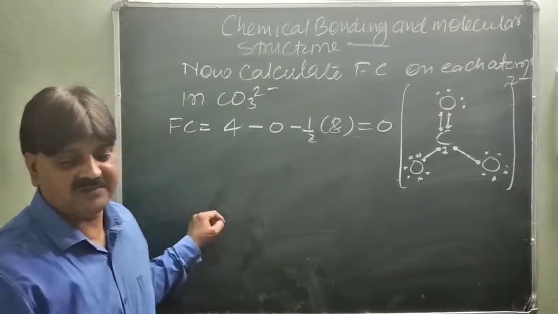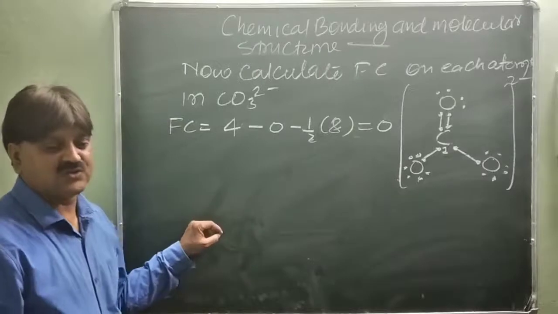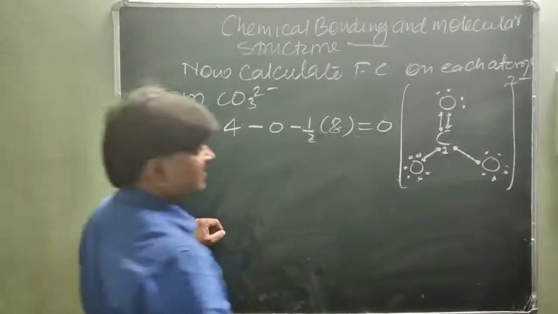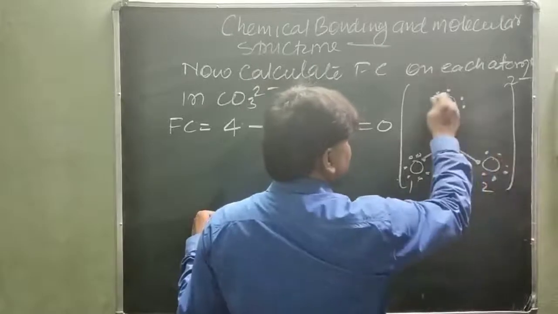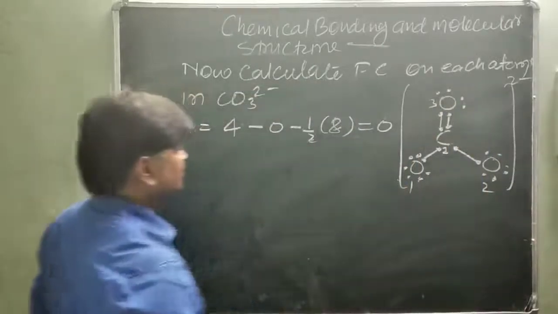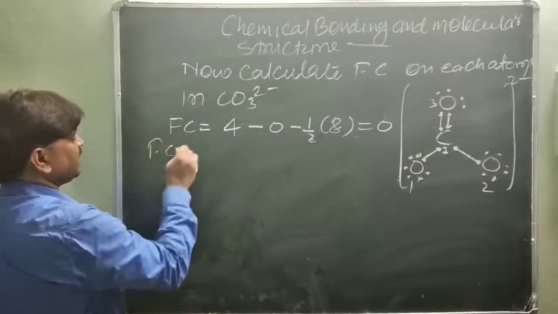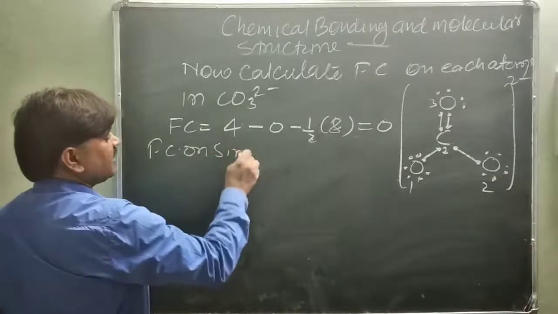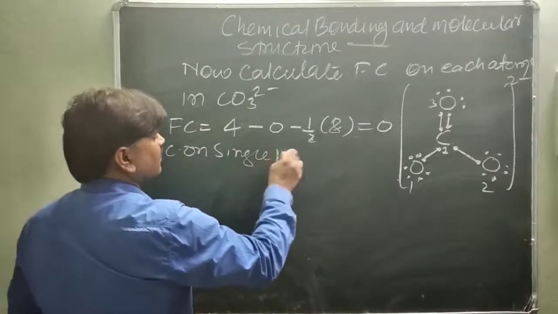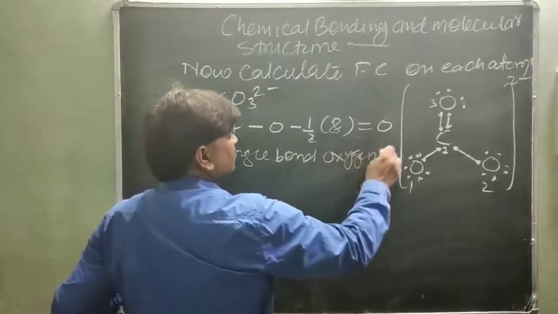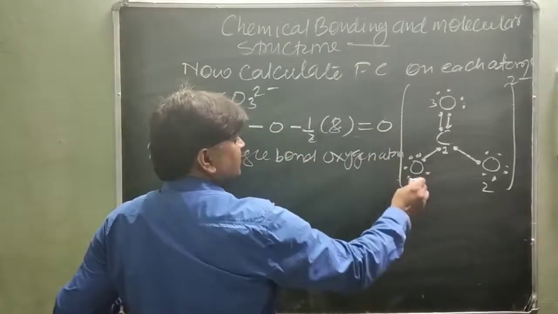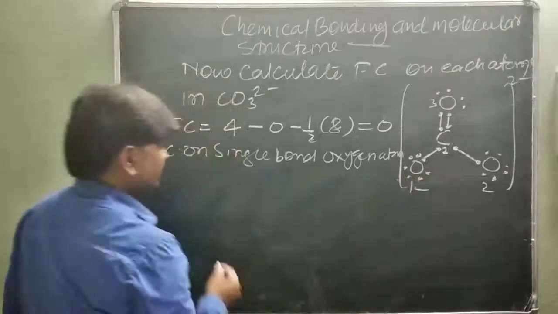Now we are coming here. Next, the formal charge on the single bonded oxygen atoms. This one and this one, we are taking 1, this is 2, and this is the third oxygen. Formal charge on the single bonded oxygen atom. We take this one first.